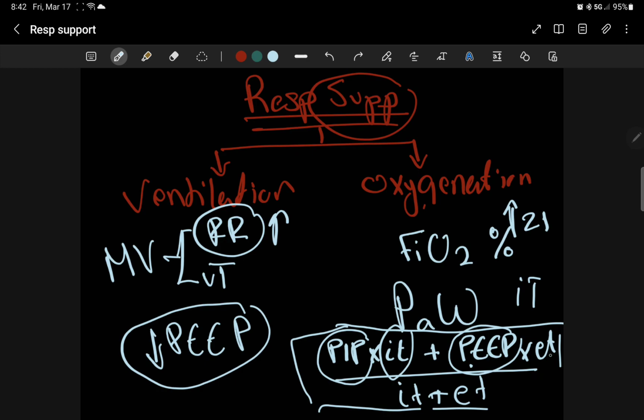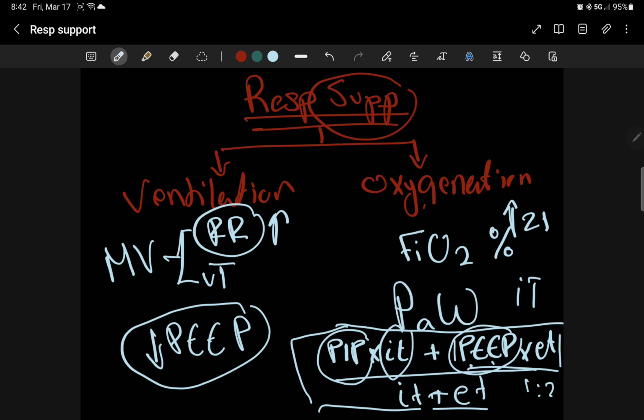We know that the E time is usually longer than the I time, and that's a ratio that we know to be usually 1 to 2. So if we work with the PEEP here in this multiple, we will get a higher effect on the oxygenation. Same thing with the I time.